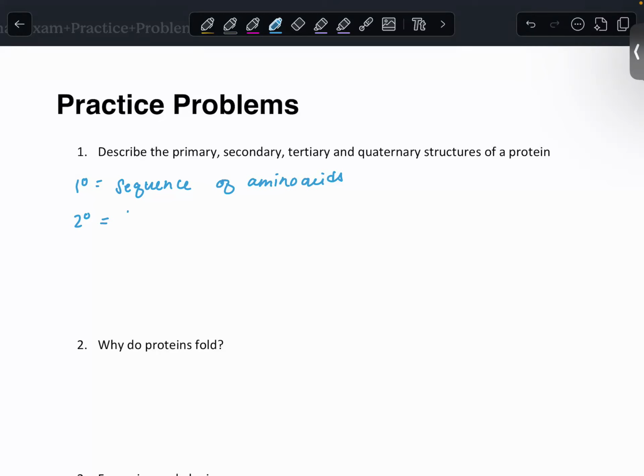Hydrogen bonds, yes. What do they make? Alpha helix, beta sheet, and then sometimes you'll get a disordered or unstructured loop.